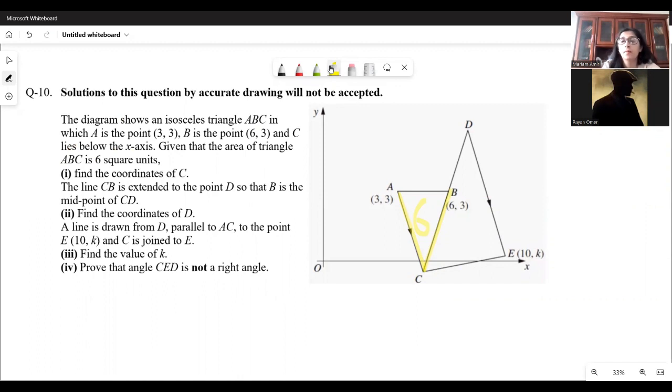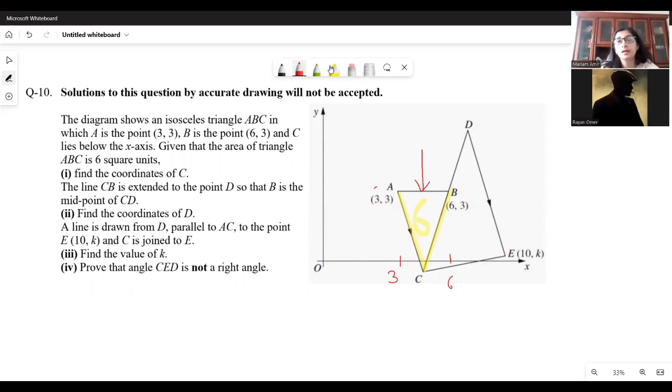Okay. How do we find the coordinates of C from the given area? First, tell me what the mid value of these two on the x-axis will be. This is 3 and that's 6 here.